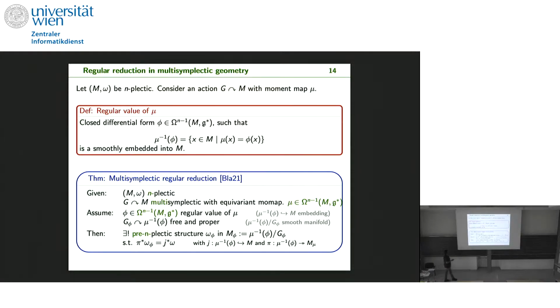And the upshot is that you can take the quotient, so define this quotient, you get a smooth manifold, and there is a natural pre-multisymplectic structure. So here, in the higher case, we are losing the non-degeneracy. Now we get something that is degenerate, but still it satisfies the same compatibility condition.